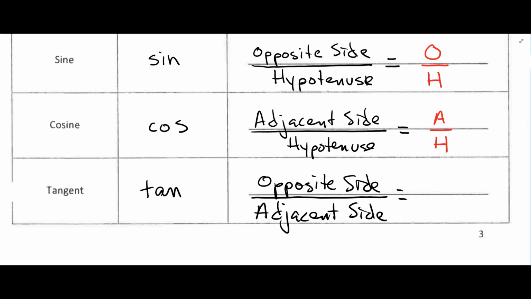Or you probably could guess, we abbreviate this O over A. Again, these are just fancy names for taking 2 sides of a triangle and making a ratio out of them.